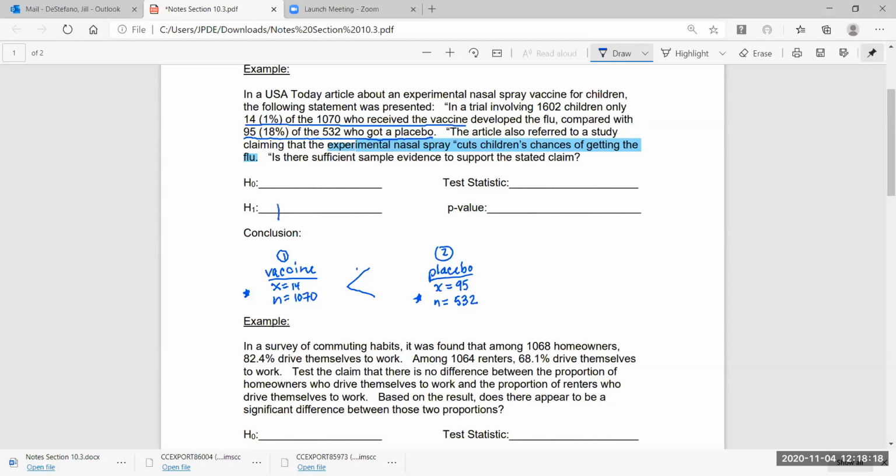So the first sample is the vaccine. The second sample is the placebo. And again, success, our X here, is getting the flu. So lower success or lower numbers of kids getting the flu means success. And then this one will be our equals.